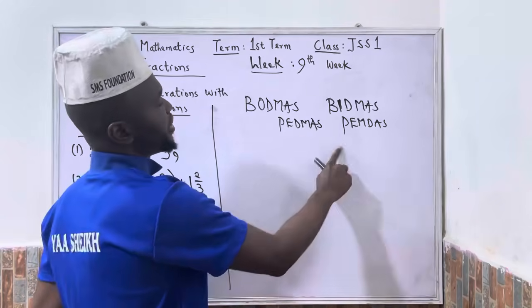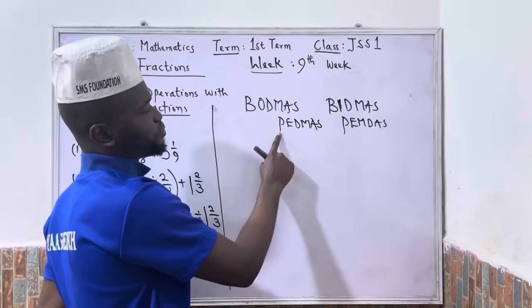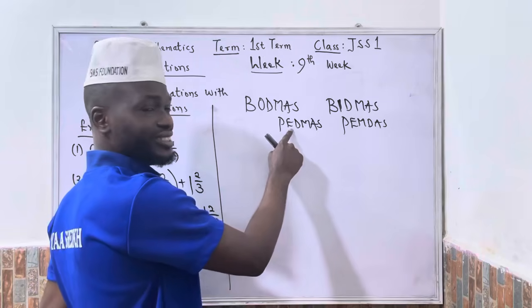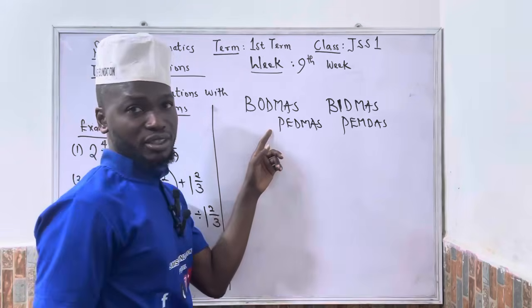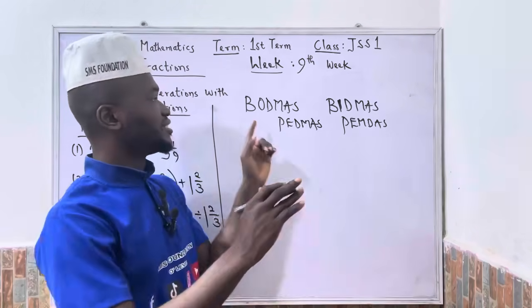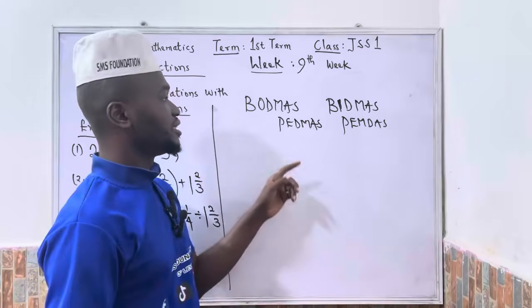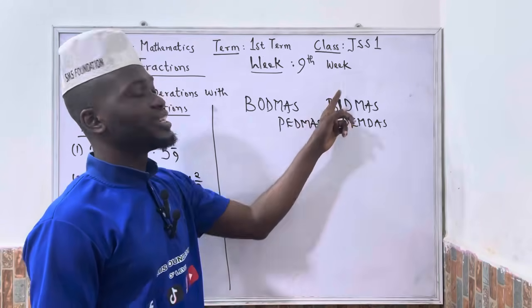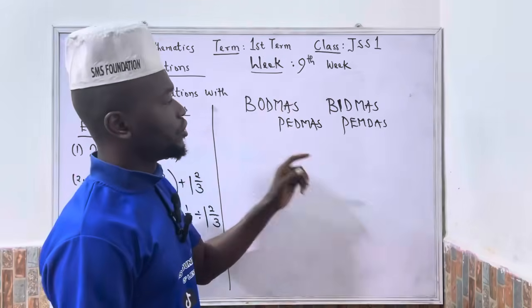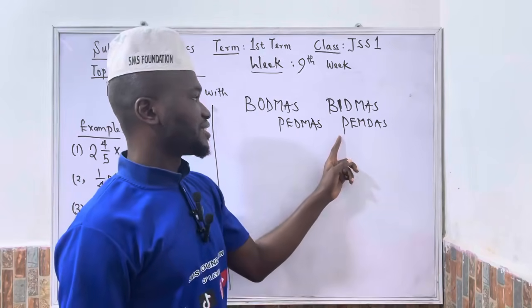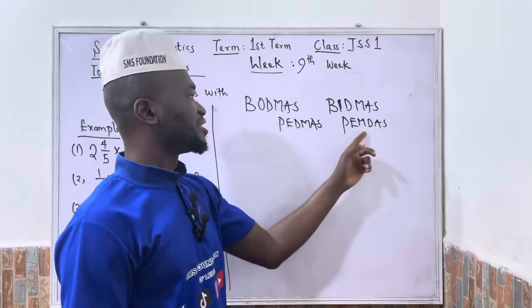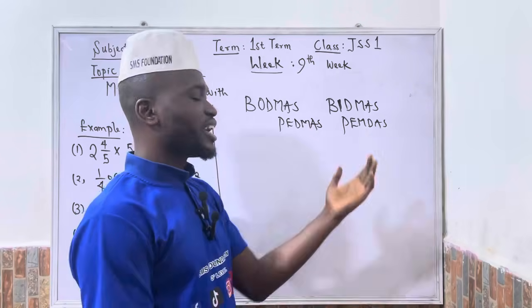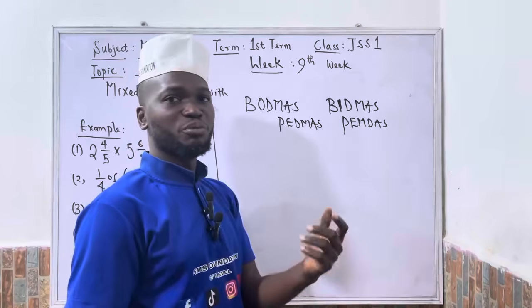So those that call it PEDMAS, you only have P here and E. P stands for parenthesis. Parenthesis is the same as bracket. E stands for exponents. Exponent and index are the same thing, that's power. So those that call it PEMDAS are the same as these people. They only bring M before D, that is multiplication before division.